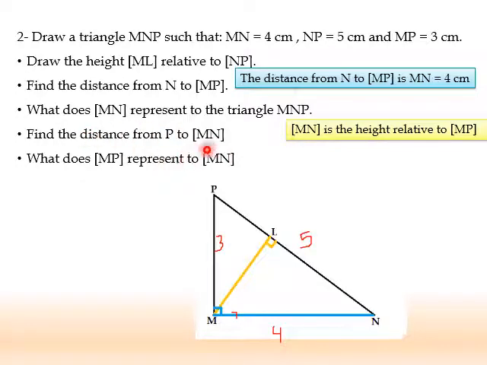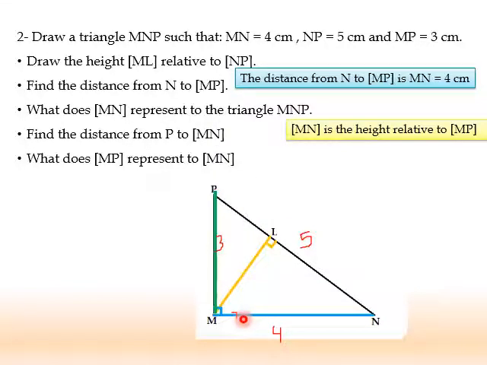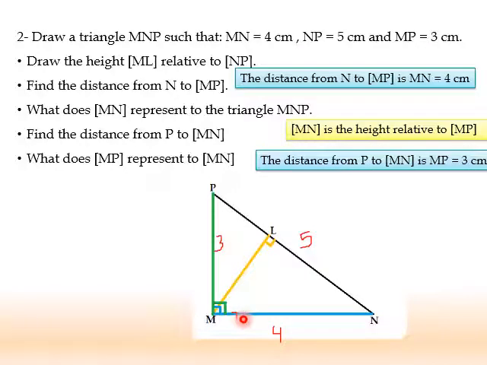Find the distance from P to MN. Again, to find the distance or to draw the distance, I have to deal with the perpendicular. Here I have that PM is perpendicular to MN. So to find the distance from P to MN, I have to look at the length of PM, which is 3 centimeter.